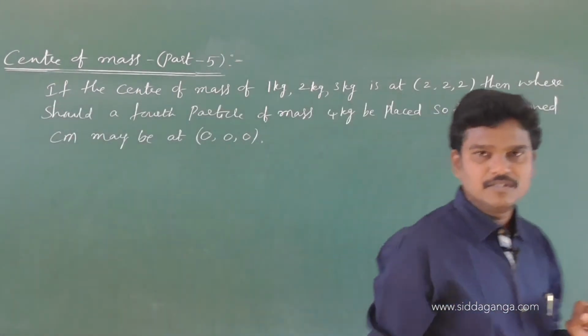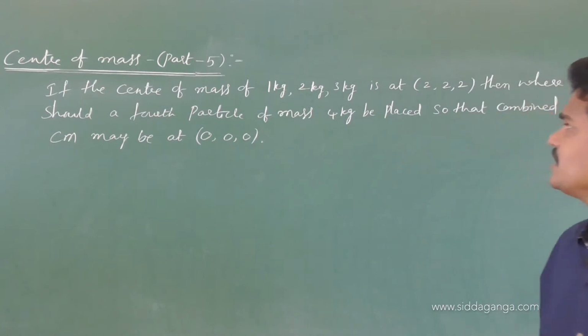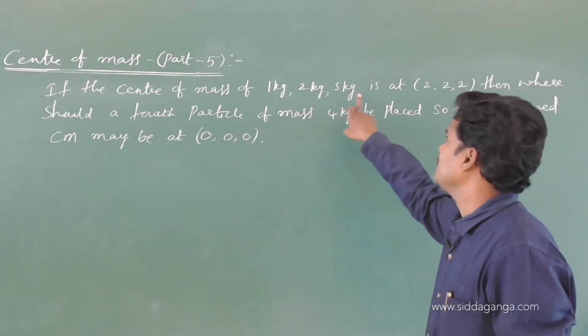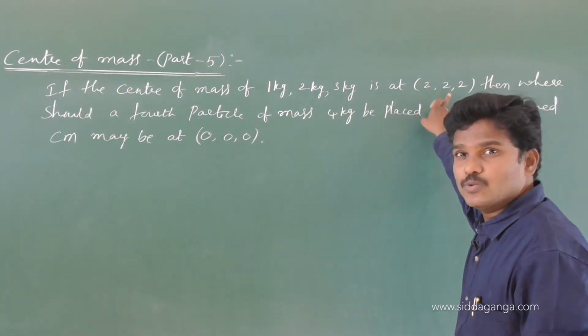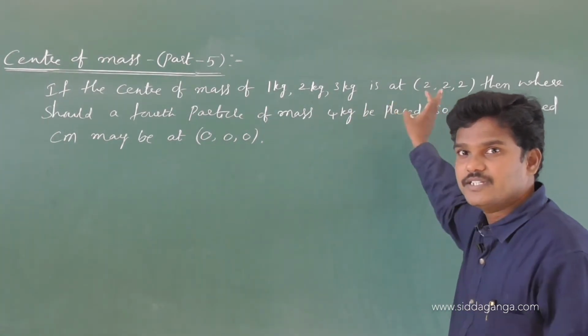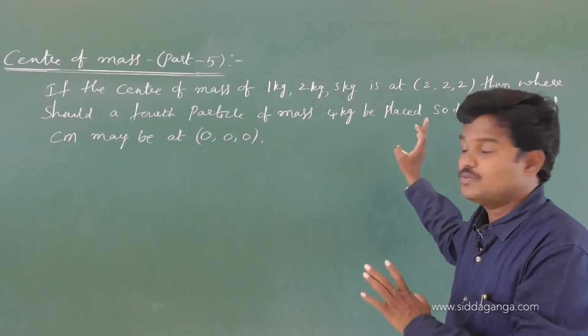So read the question. The center of mass of 1 kg, 2 kg, 3 kg is given at 2, 2, 2.